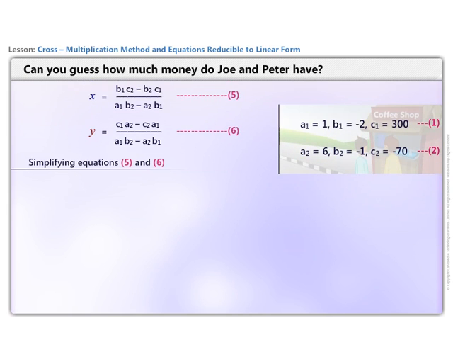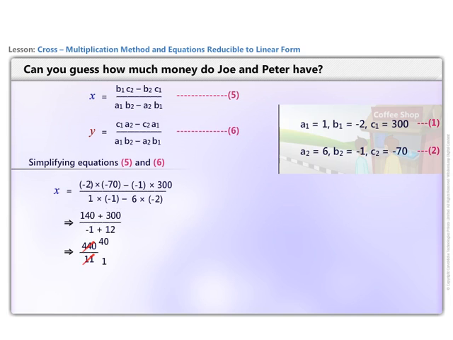Simplifying equations 5 and 6, x = (-2 × -70 - 1 × 300) divided by (1 × -1 - 6 × -2). Simplifying and solving for x, we get x = 40.